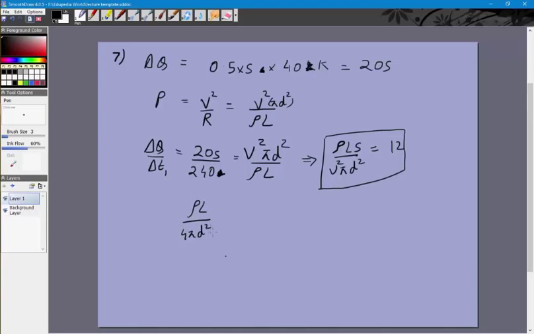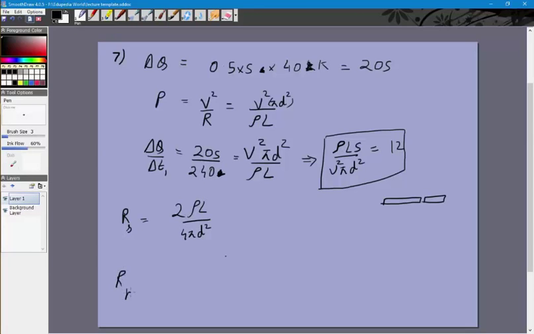So rho L, we'll just take pi D squared, which is proportional to the area. It's a constant times the area. The constant will cancel anyway. So rho L by 4 pi D squared is the resistance of one such wire. In the first case, we have two such wires in series. That would mean the total resistance R in series is rho L by 4 pi D squared plus rho L by 4 pi D squared, or 2 rho L by 4 pi D squared.